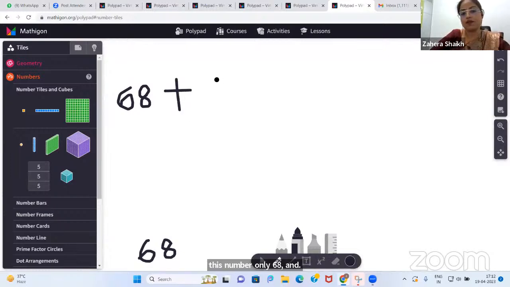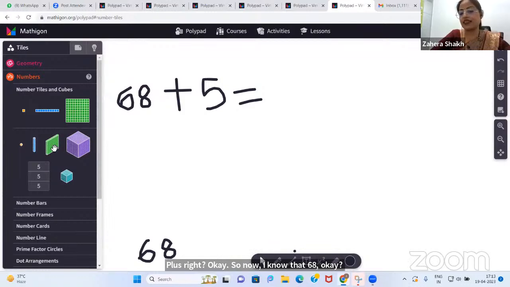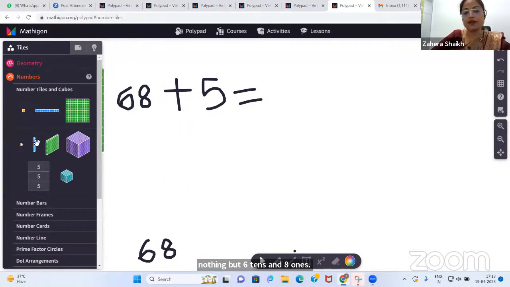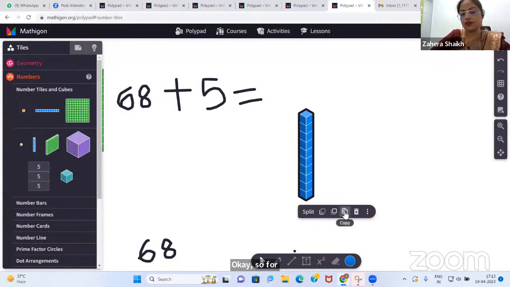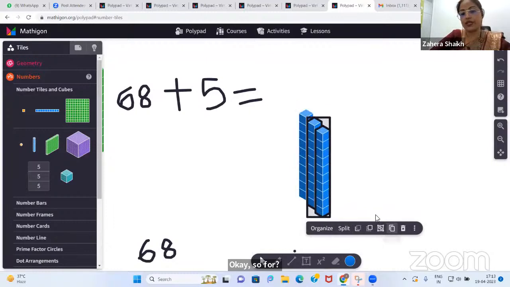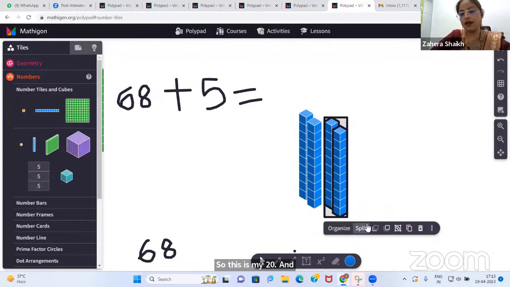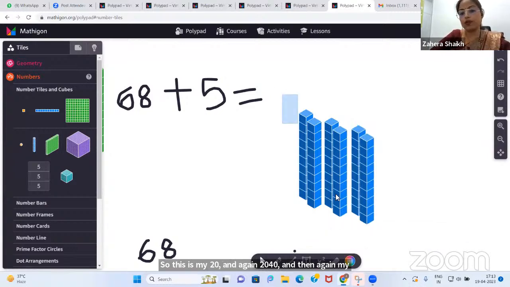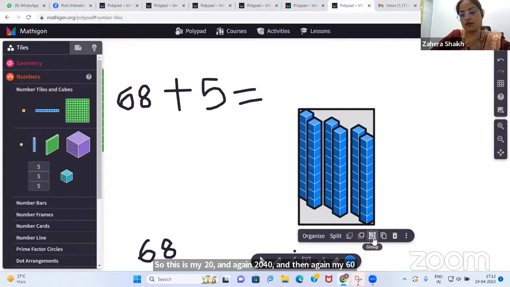So I'm taking this number only, 68, plus 5. Okay. So now I know that 68 is nothing but 6 tens and 8 ones. So this is my 20, and again 20, 40, and then again my 60, right? I'll group them out here and drag.